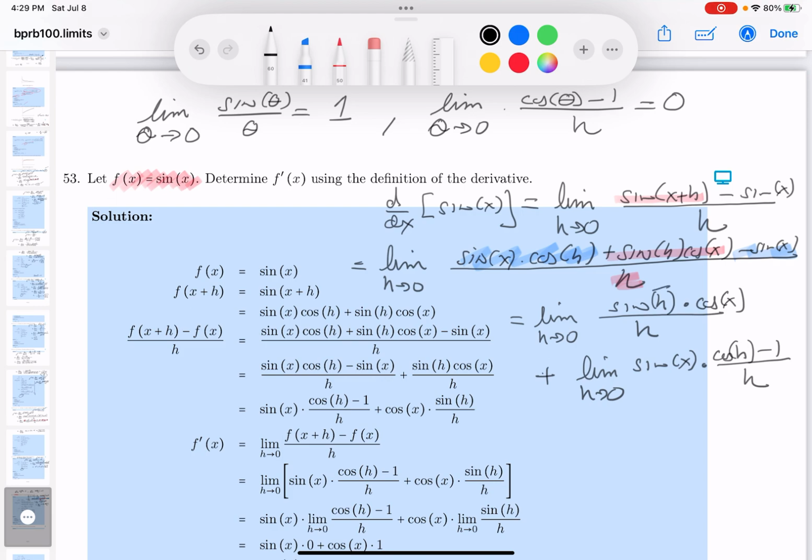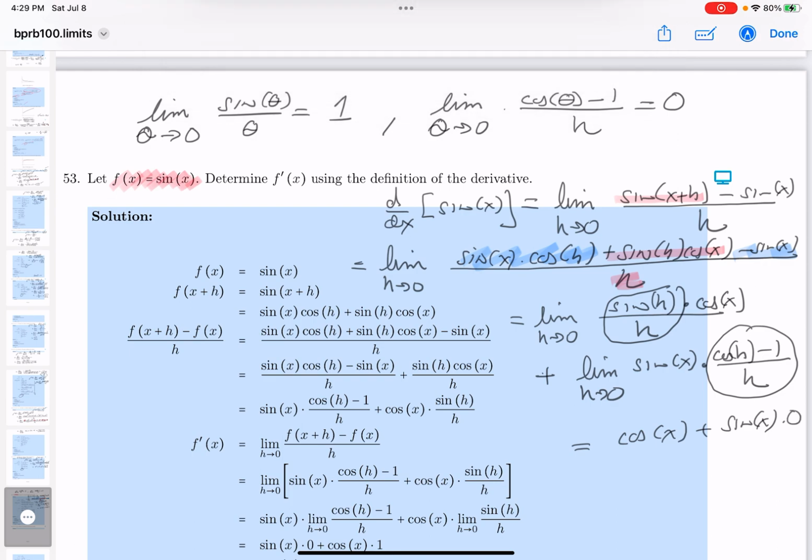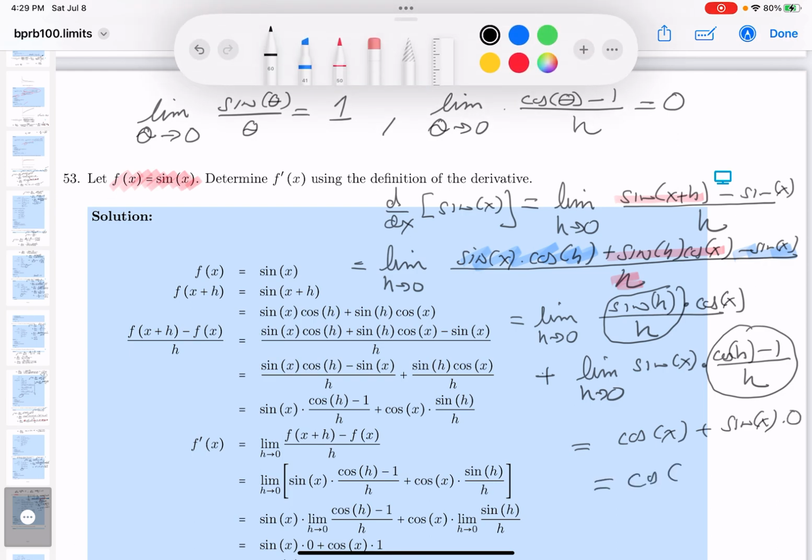Now, I know this limit has nothing to do with the x, by the way, and that's just going to be 1, so I get cosine of x. The next limit, plus, is going to be sine of x, nothing to do with h, and this limit over here is going to be 0. So we're left with cosine of x.